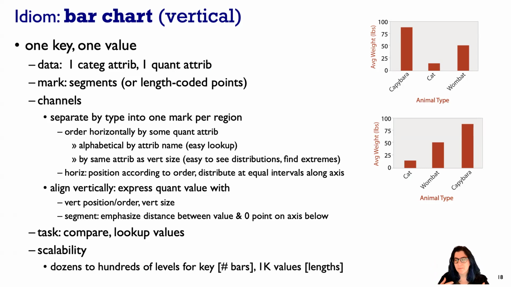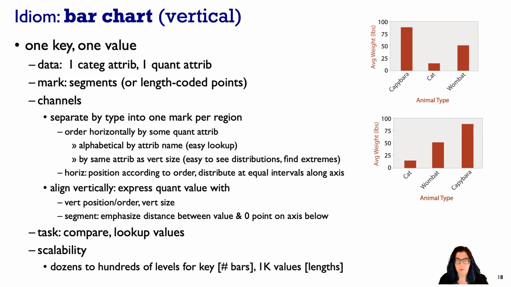And I am distinguishing between the name of the attribute and the attribute itself, right? So animal type as opposed to CAT or WOMBAT, which is the name of the animal, where we have it in alphabetical order. So these animals are categorical. They're not intrinsically ordered, but their names can be. So that's this distinction that's actually a little bit subtle, but is important to understand.